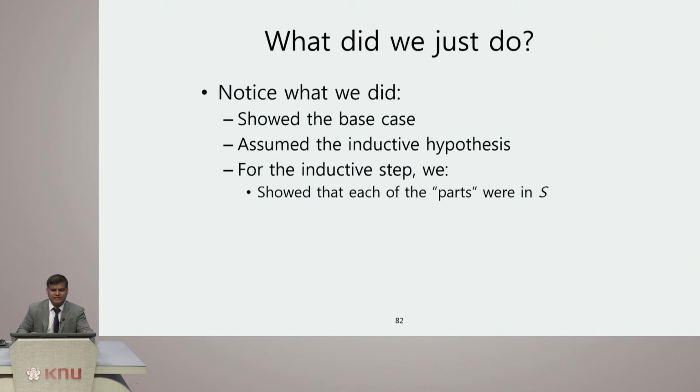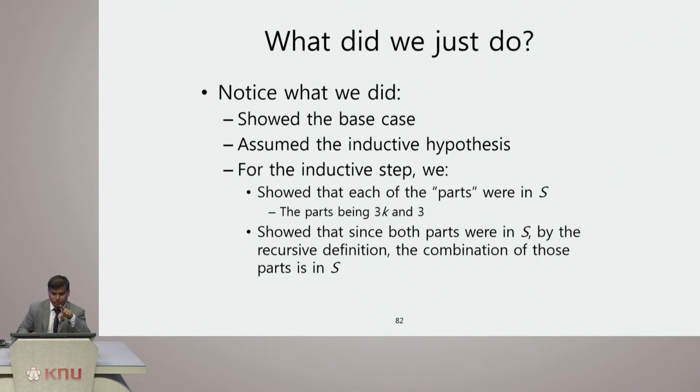we showed that each of the parts were in S, the parts being 3k and 3. 3k is our inductive hypothesis or assumption, and 3 is a part of the base case.